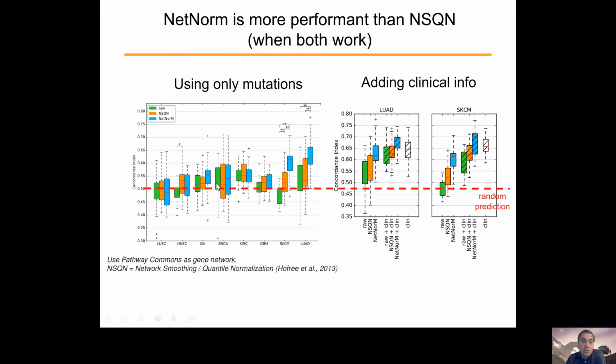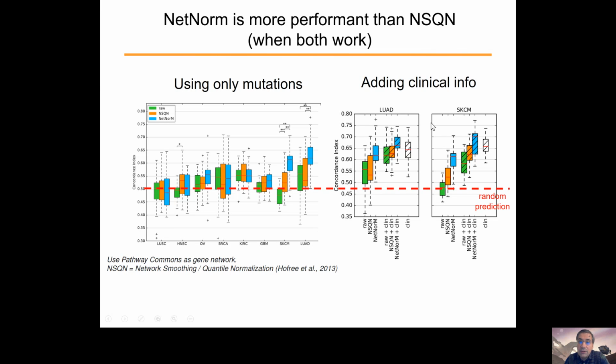In those situations where we didn't have any improvement from network-based smoothing, we also didn't have a noticeable improvement in the prediction, which means that probably in these cancer types we should use different types of information to predict the survival.